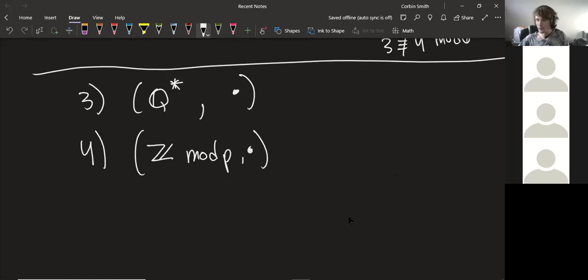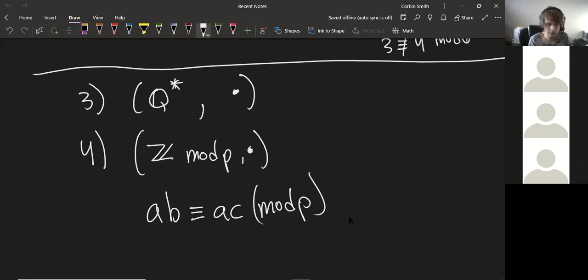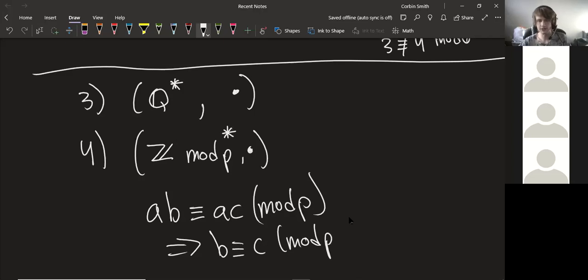Does anyone know the proof that you can actually always cancel integers mod a prime? Are we assuming it's relatively prime to the prime? Yeah, so I'm going to have to put a star here. So we're not including 0.